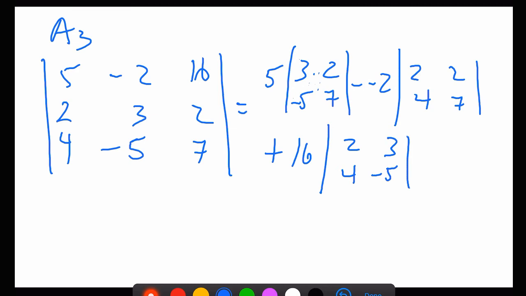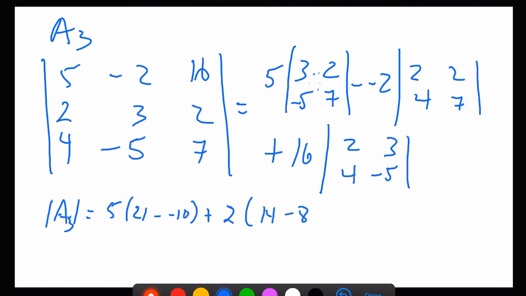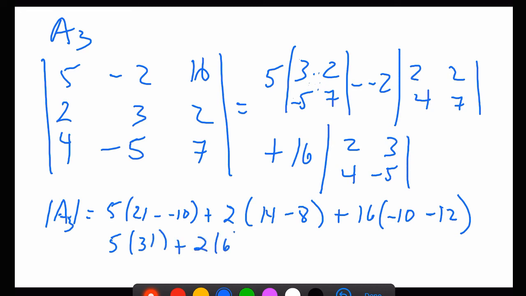Yes? So the determinant of A3 is 5 times, that's 21 minus a negative 10, plus 2 times 14 minus 8, plus 16 times minus 10 minus 12. All right? So that's 5 times 31, plus 2 times 6, plus 16 times minus 32.